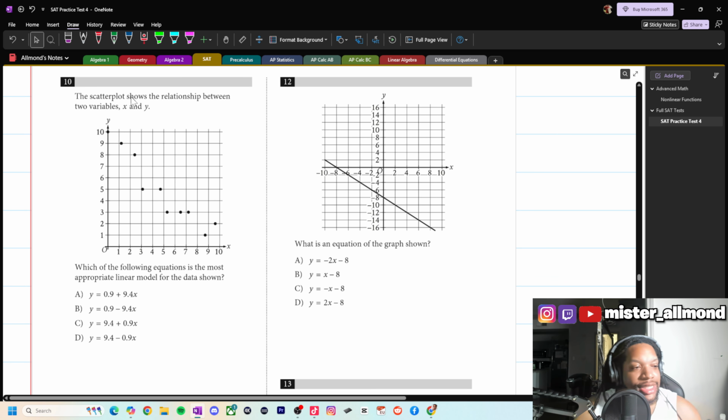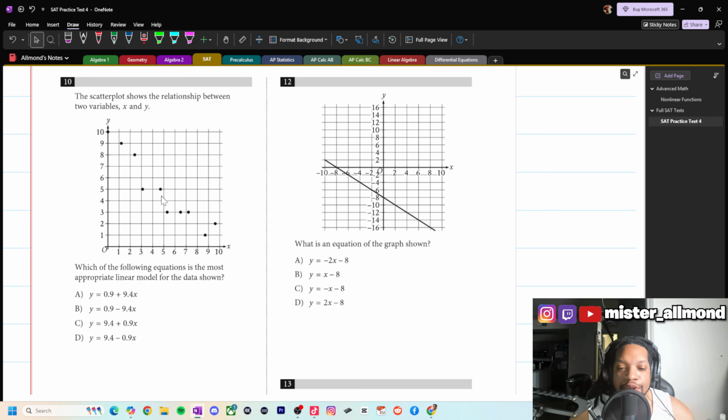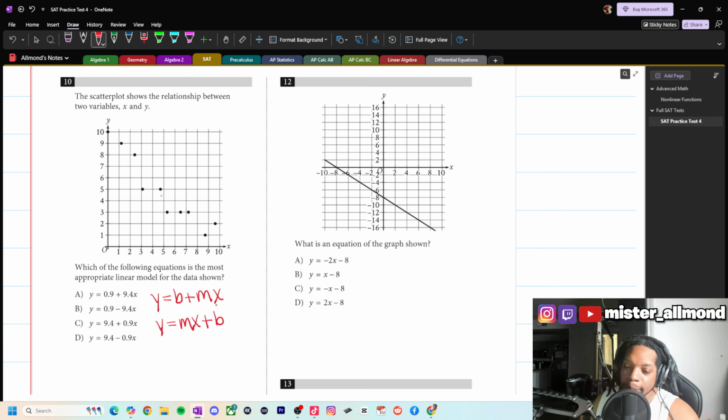All right, number 10. The scatter plot shows a relationship between two variables, x and y. Which of the following equations is the most appropriate linear model for the data shown? Okay, I can go process of elimination on this one because obviously the slope should be negative. And again, they're trying to trick you because they're putting it in this format right here, which will probably throw some people off because you're used to seeing it like this, so you really just have to switch them.